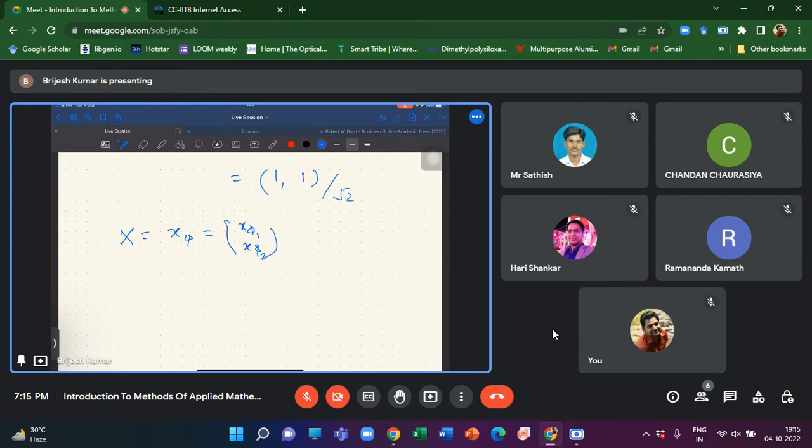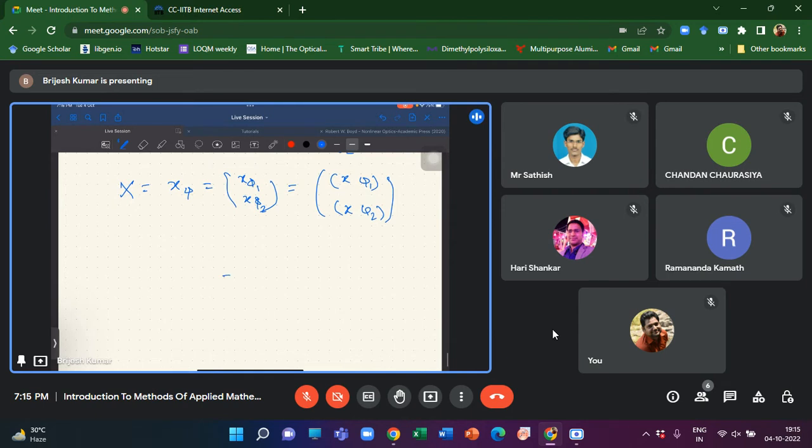Okay, so x phi 1, how will we calculate? x into psi 1, right? And this will be calculated as x into psi 2. So if we open these two, we get phi 11 x1 plus phi 12 x2, and phi 21 x1 plus phi 22 x2.